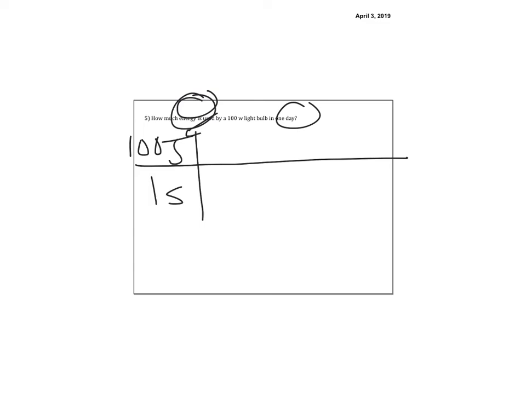I want to get rid of seconds and turn it to days. I have no idea how many seconds are in a day, but I know there are 24 hours in 1 day.